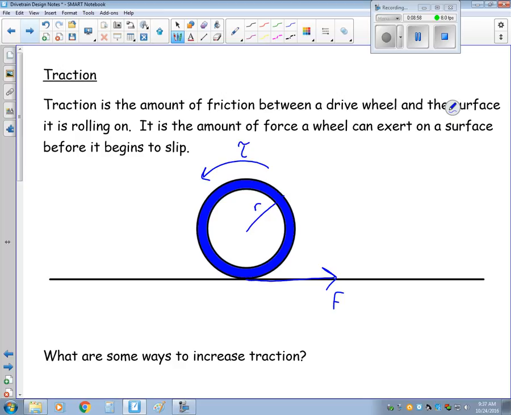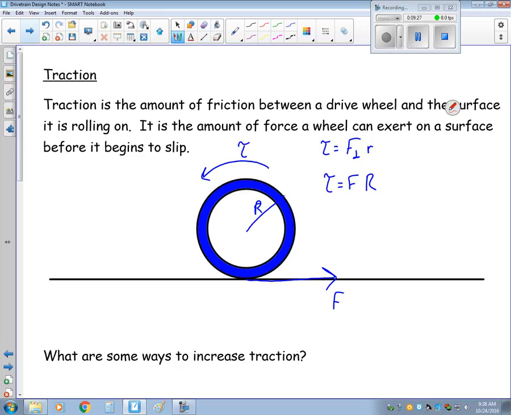So looking at this, torque equals a force which is perpendicular to a lever arm. I'll make this a capital R for radius. So looking at this, we see that our lever arm distance is going to be the radius of the wheel, and the force is going to be the force applied to the ground. So this torque equals this applied force times the radius of the wheel.